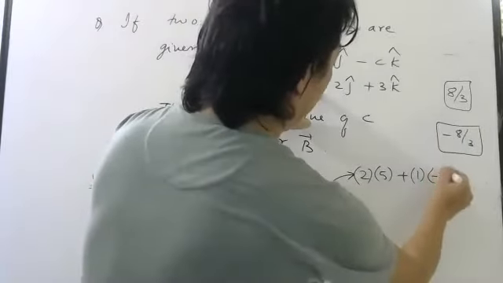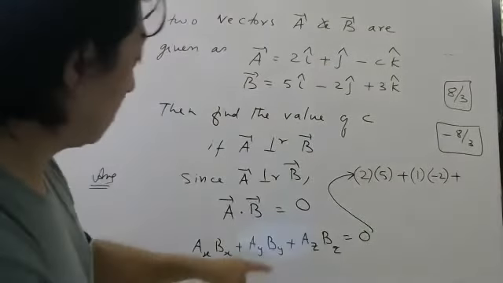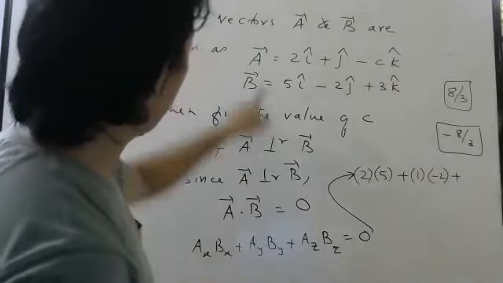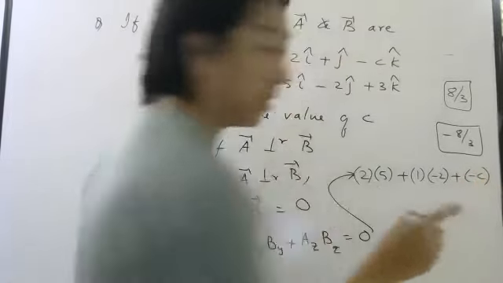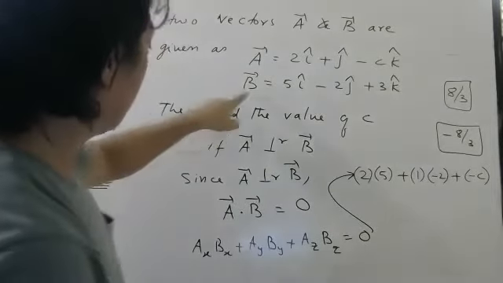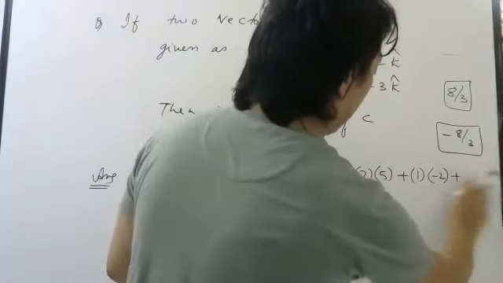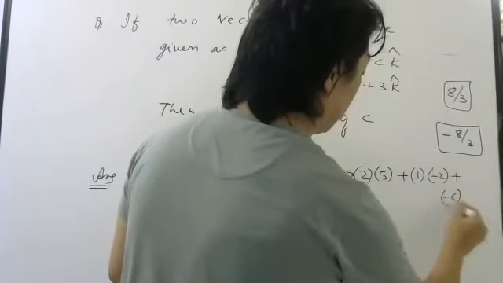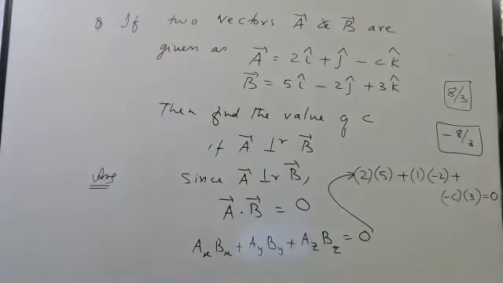Minus is not for decoration. Plus Z component of A bar, we have to find: minus C. Minus C it is, don't forget. Z component of B, 3. I'll write like this: minus C into 3. That should be equal to 0 according to the question.